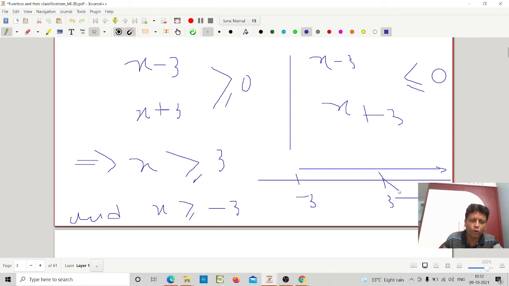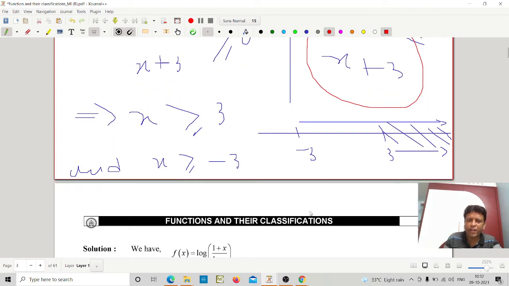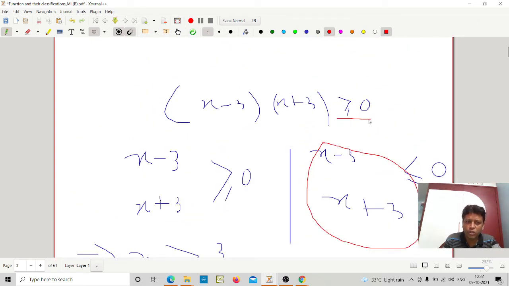Naturally your common portion is 3 to the right, all points after 3 including 3. Similarly, in the other case, you can show that all the points to the left of minus 3 are included. That is why, if there is a greater than or equal to symbol, you write the points to the left of minus 3 and to the right of 3.